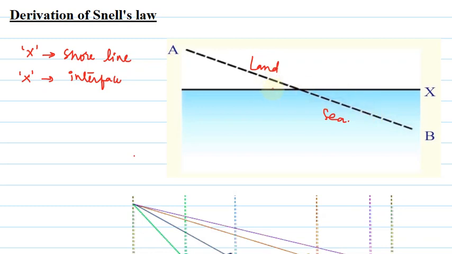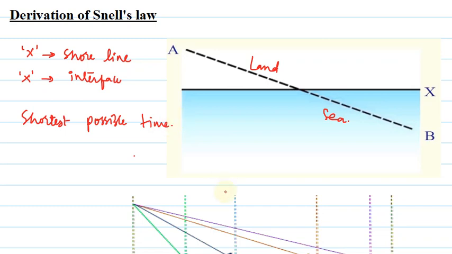We know that we can run faster on land than we can swim in water. Now, the condition that we need to remember is we need the shortest possible time to reach the person at B.